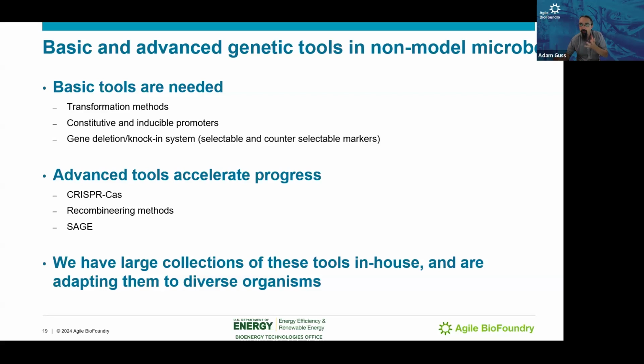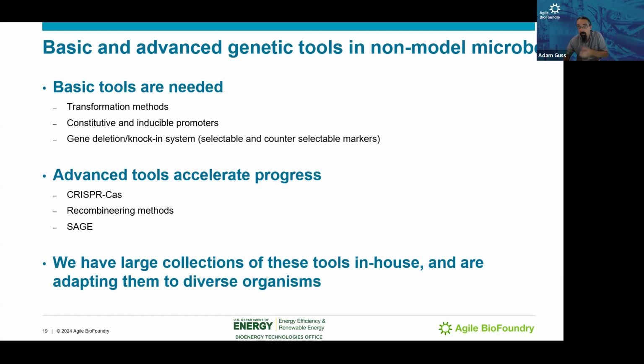As we think about ways that we can partner with the host development that we're doing, obviously we can offer a lot of basic tools that I'll talk very briefly about on the next slide. Things like transformation methods, promoters, gene knockout systems, and so forth.